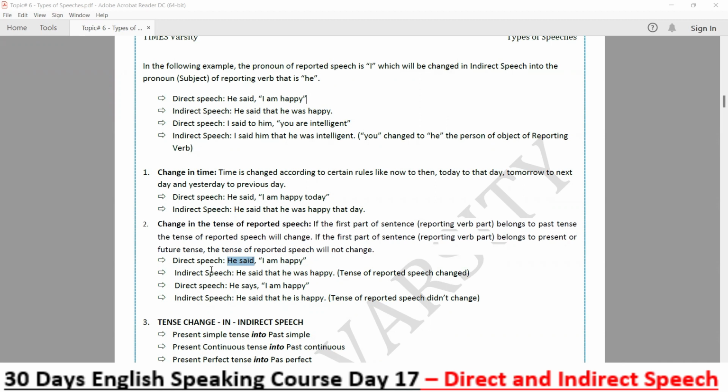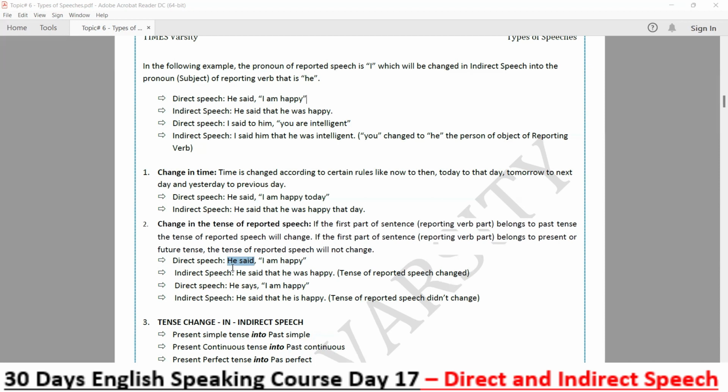Okay, so as you can see in indirect speech, the reporting verb part is in past tense. That's why when we convert this from direct to indirect speech, the tense of the reported speech will change.